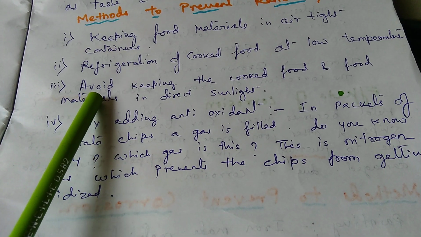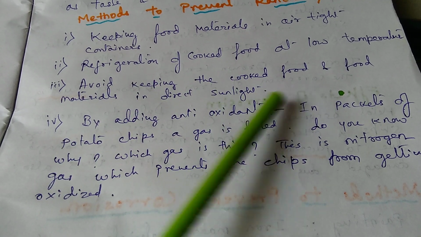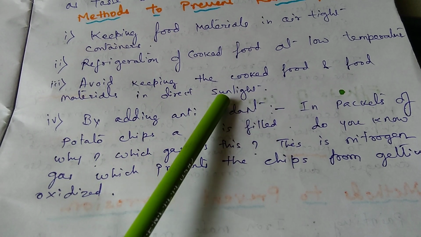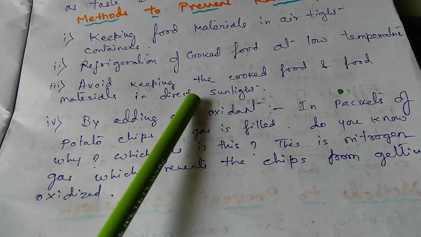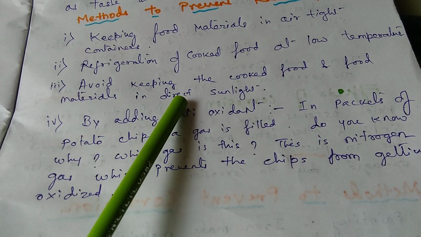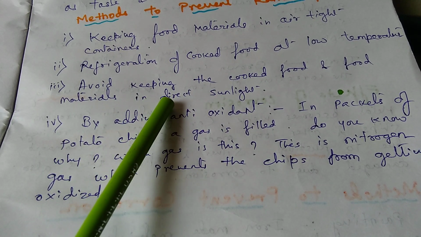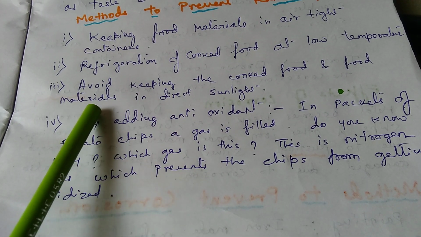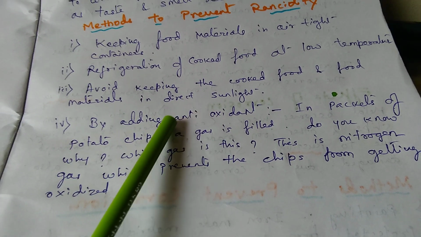Now the third point is avoid keeping the cooked food and food materials in direct sunlight. If we keep the cooked food in direct sunlight, then the heat of sunlight makes the oxidation easier. So you have to avoid keeping cooked food in direct sunlight to prevent rancidity.